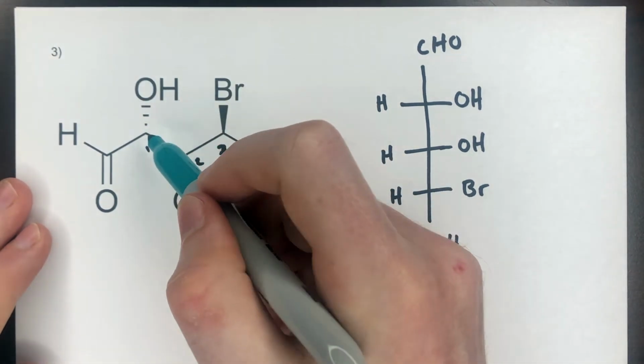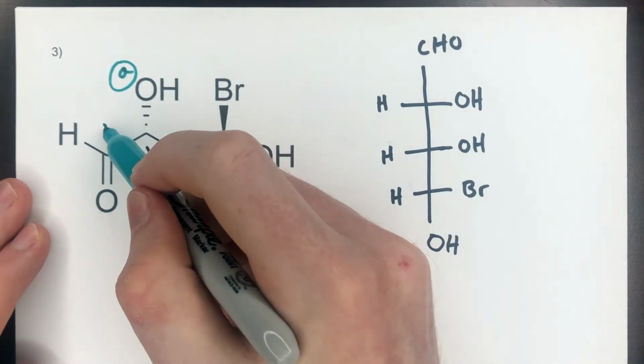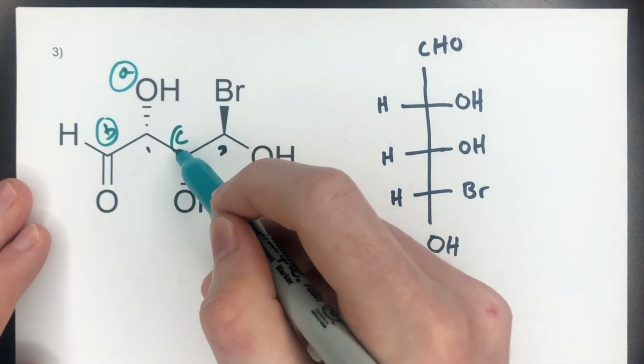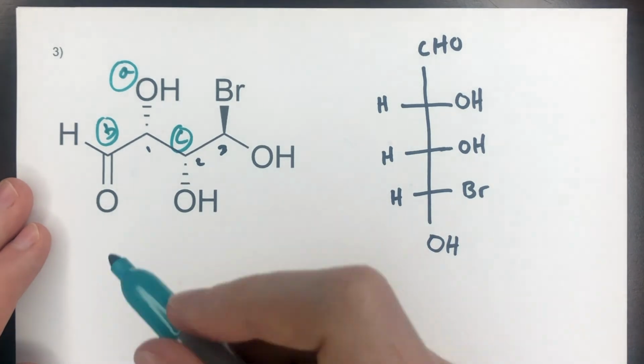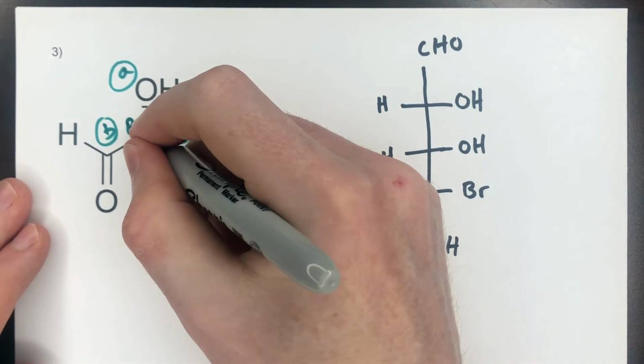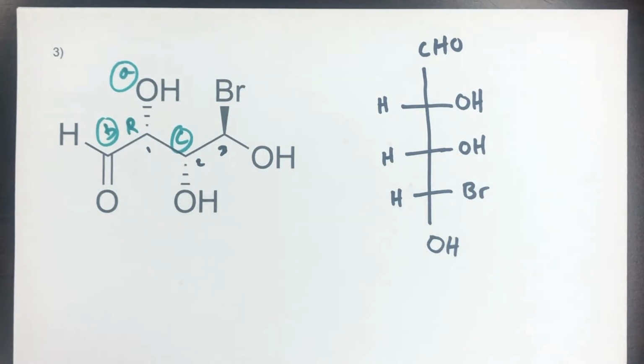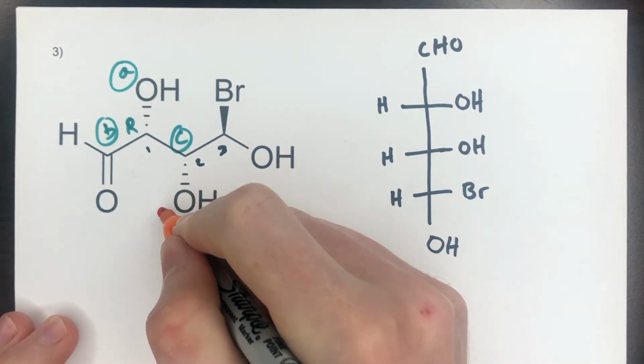So again, at 1, the oxygen is the highest priority. That's directly bound. This carbonyl is a higher priority than the carbon bound to the OH. So this looks like S. The hydrogen is out of the plane. It's a wedge. So it looks like this. So that is R. Now if we move to the next carbon, the oxygen is the highest priority.